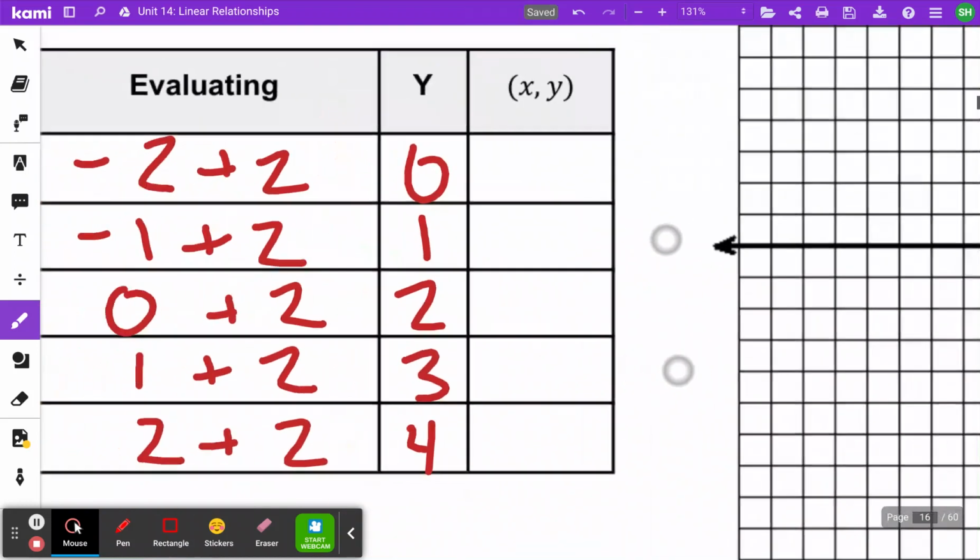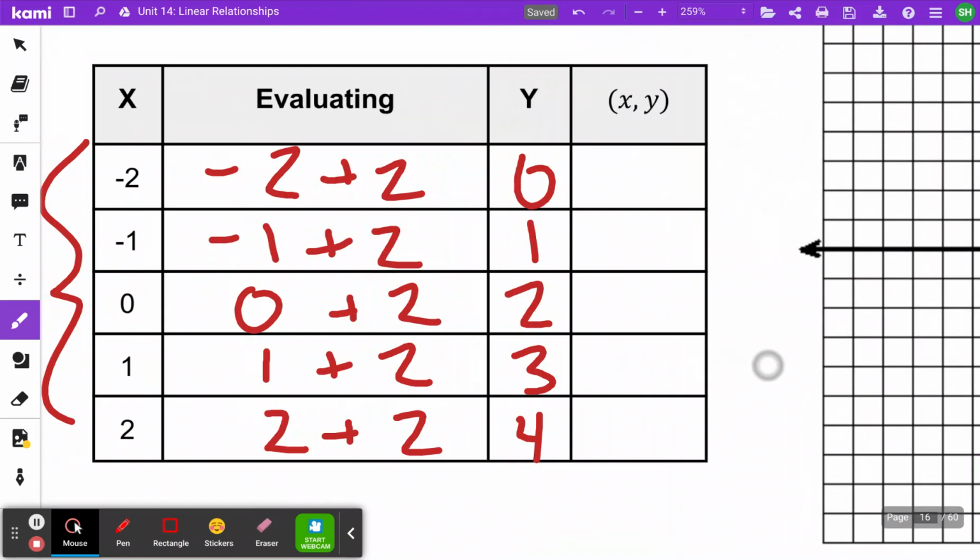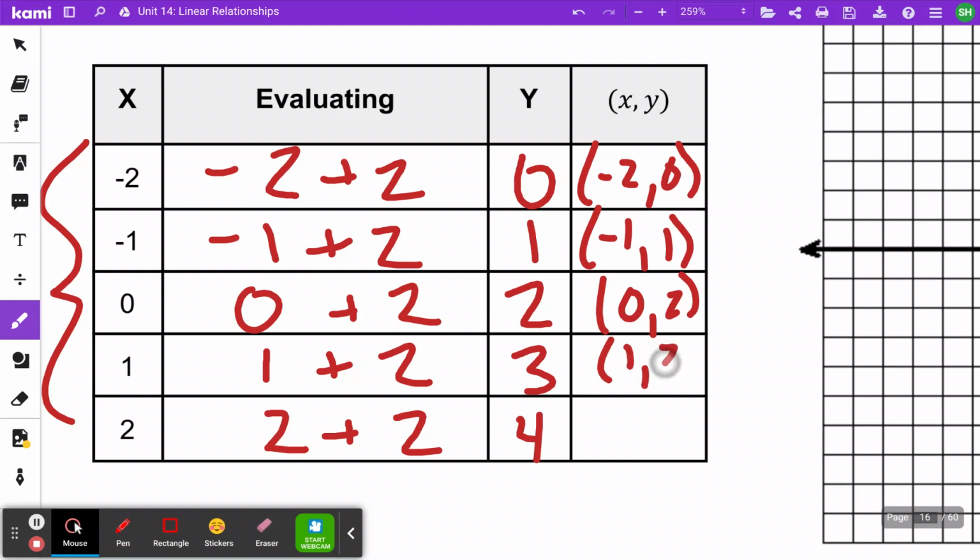Altogether, what these are going to do is create a set of coordinate pairs for us, x comma y. That's going to be -2, 0 for the first one, -1, 1 for the second one, and so on: 0, 2, 1, 3, and 2, 4.